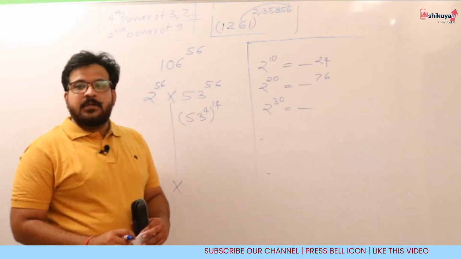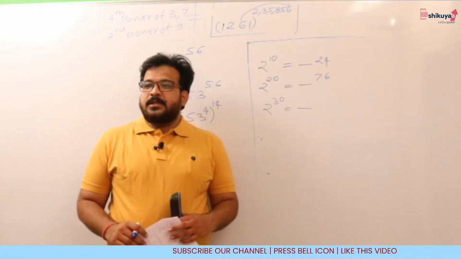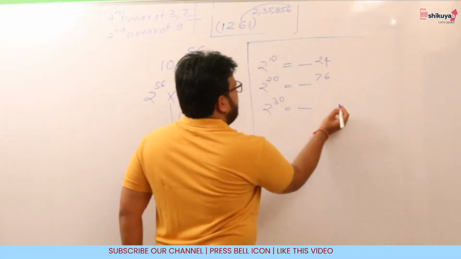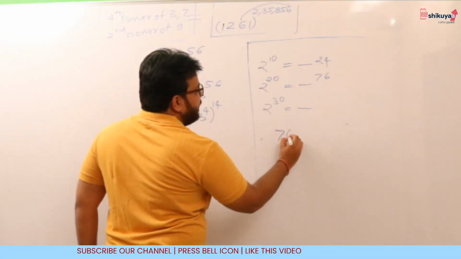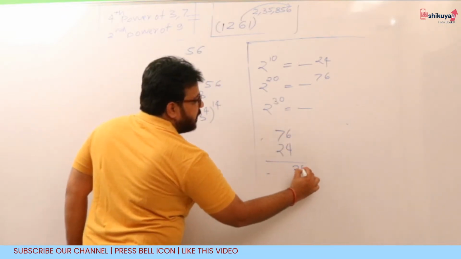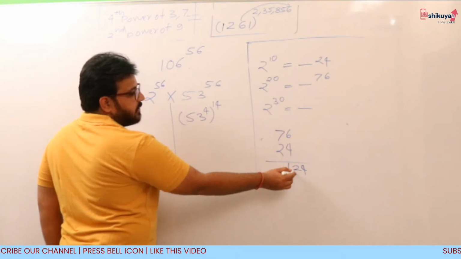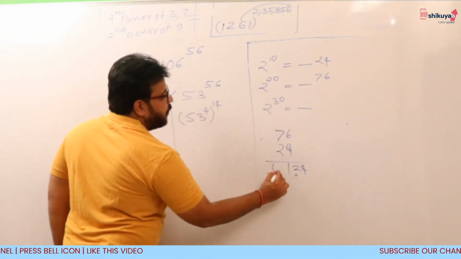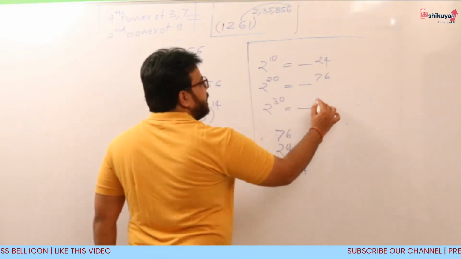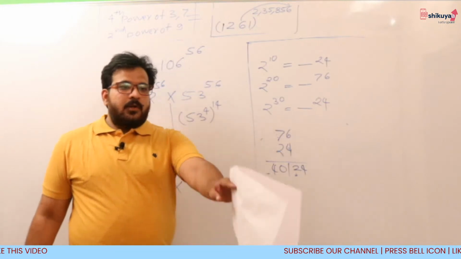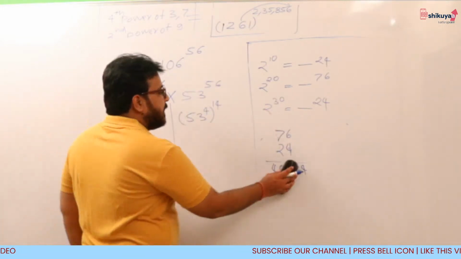Let me do it for you. 2 raised to 20 is 76 into 24, so 6 fours are 24. When you multiply, 7 fours are 28 plus 12, 40. That is ending in 24. Am I right? 24 last two digits. Correct.